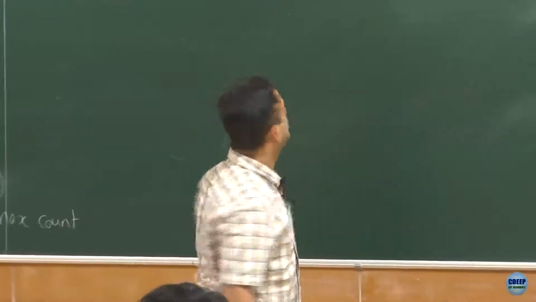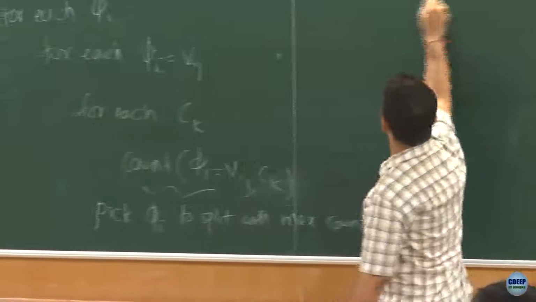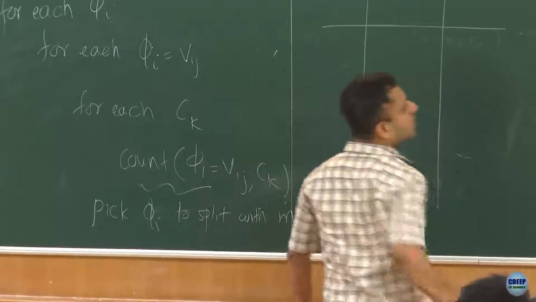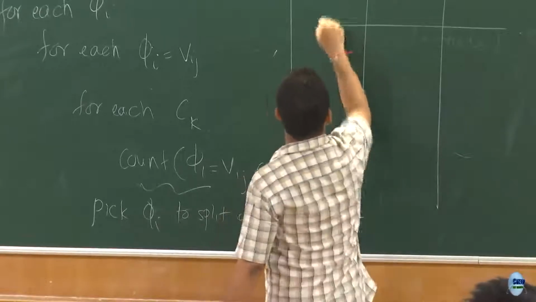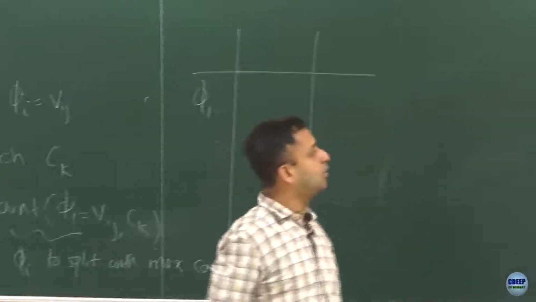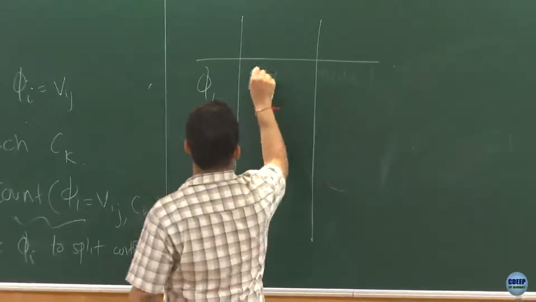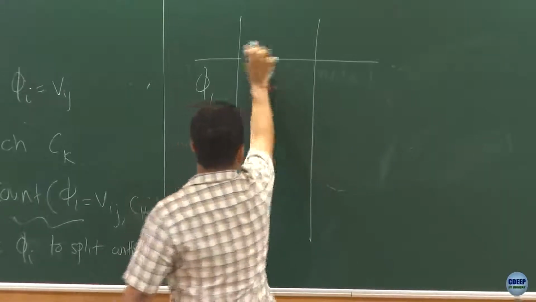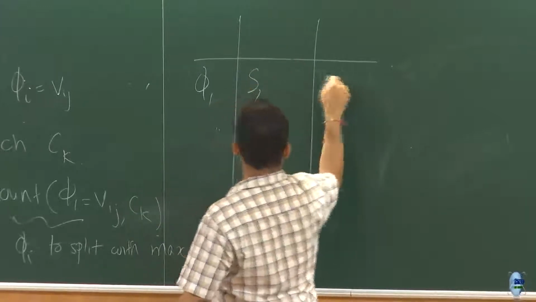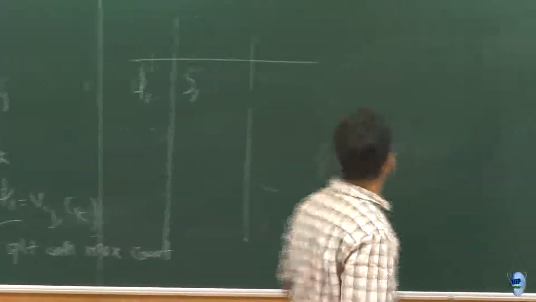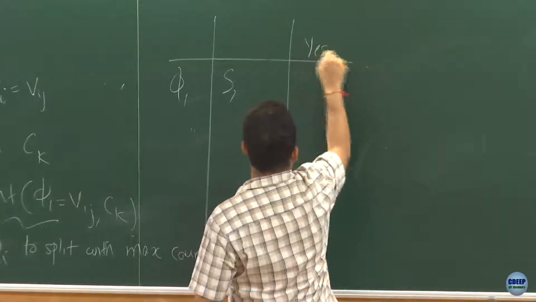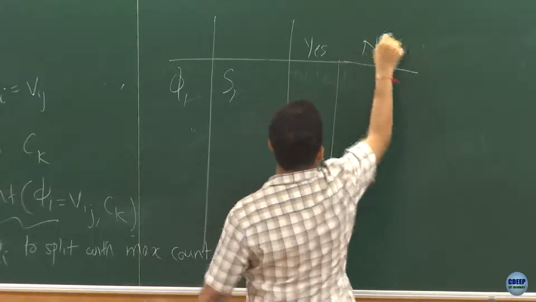So in this figure, let's begin with phi 1. Phi 1 has 3 values, sunny, overcast and rain. Sunny, so what is the count of sunny and play tennis, whether to play tennis or not, right?